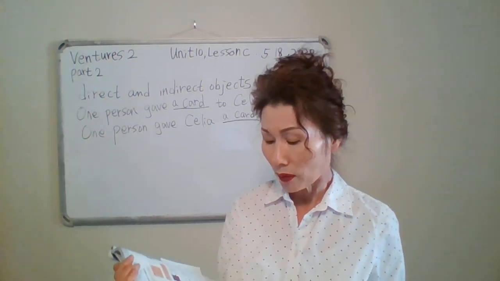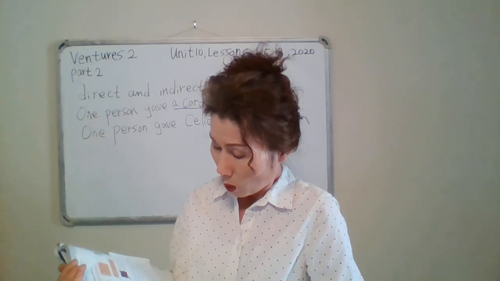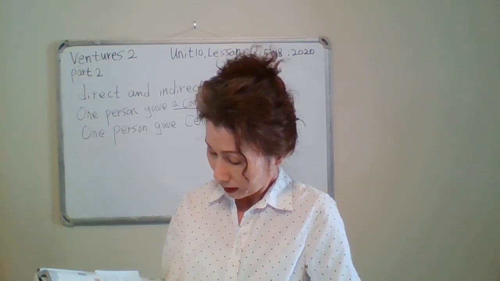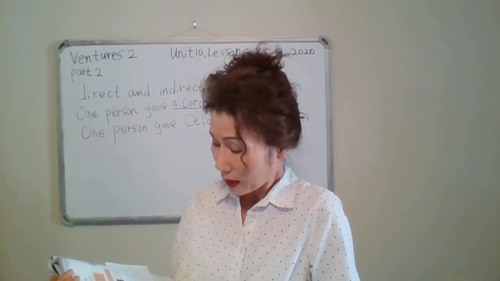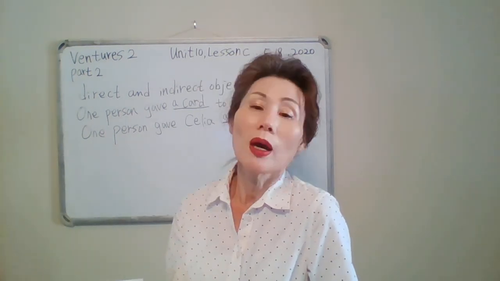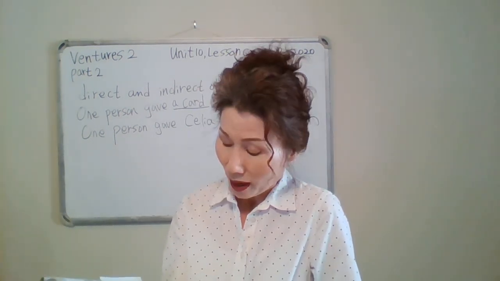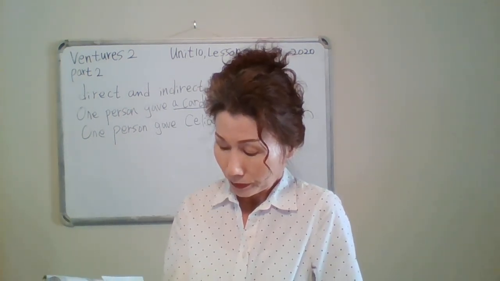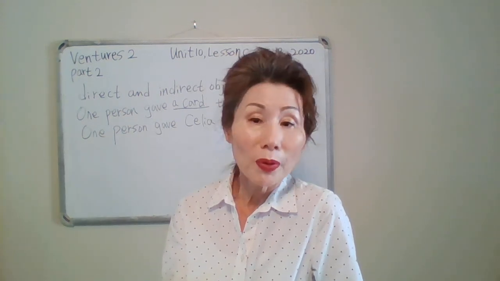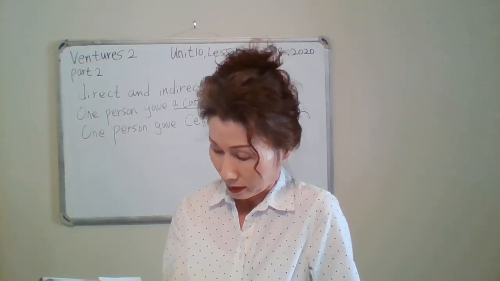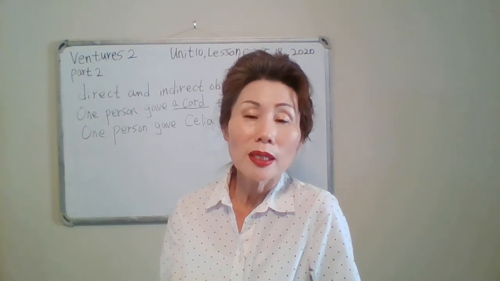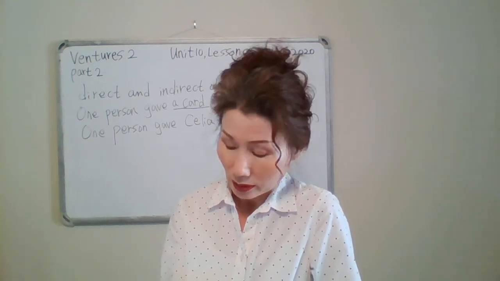Okay, let's look at the first sentence. What did Tim give Mary? A present. That is a direct object. Okay?